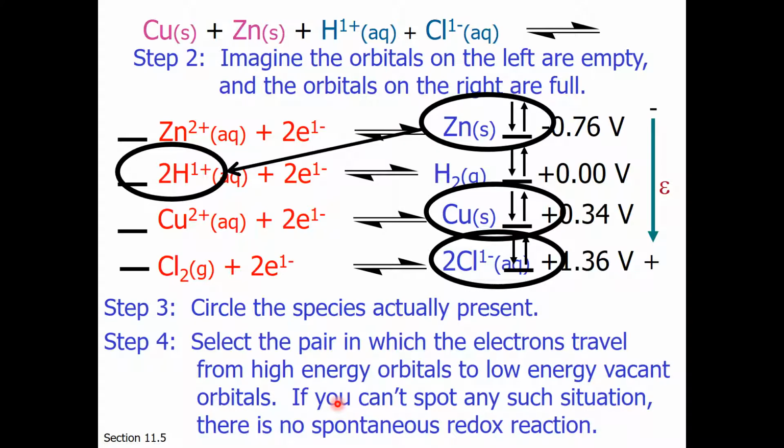Next, we need to select the pair in which the electrons travel from high energy orbitals to low energy vacant orbitals. The electrons aren't going to jump away from the nucleus, from copper to H1+, or chloride to H1+, but we do see a potential spontaneous redox reaction between zinc and H1+.